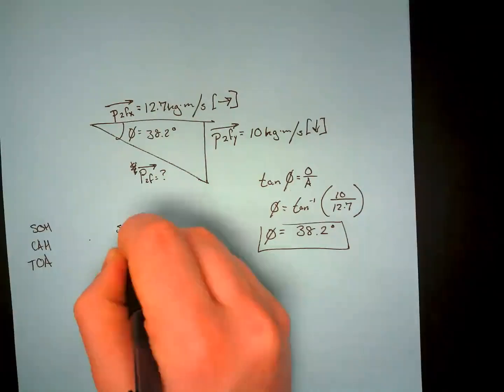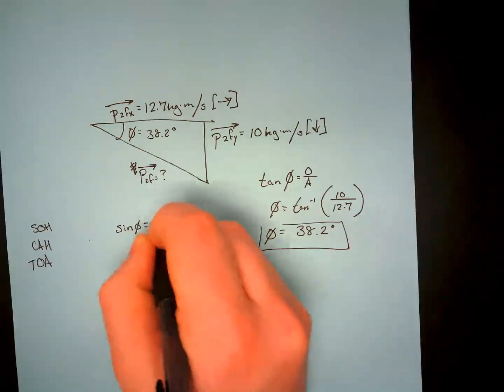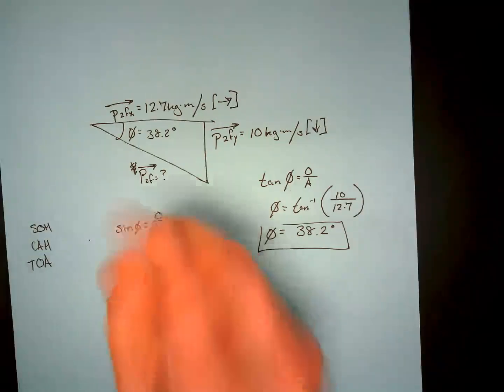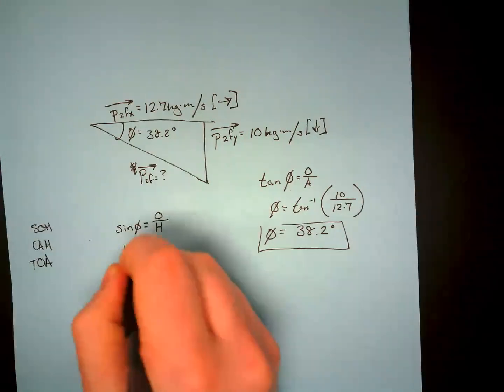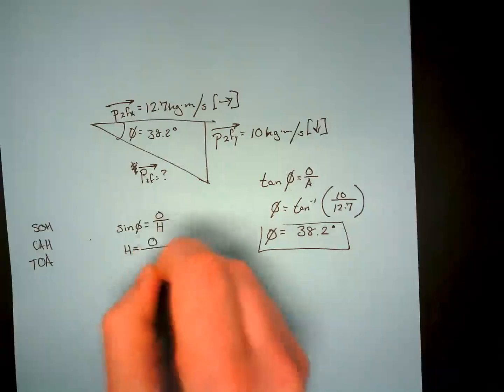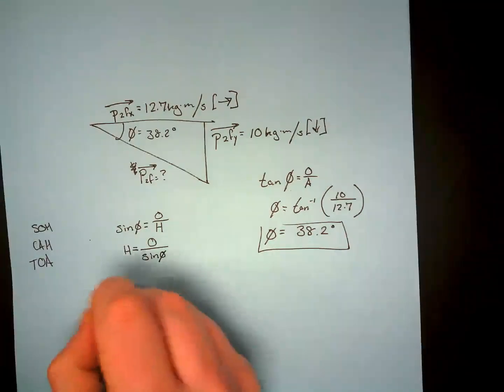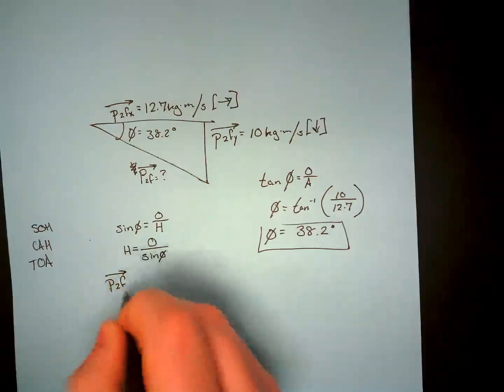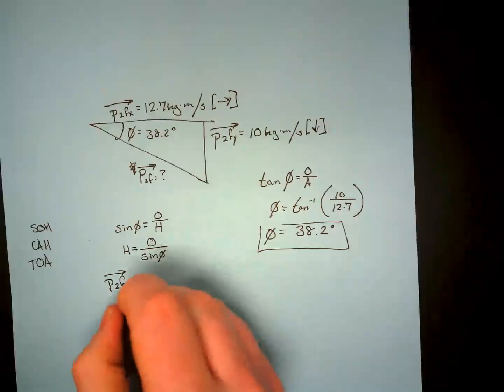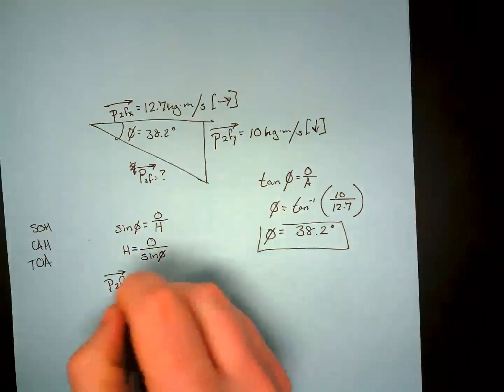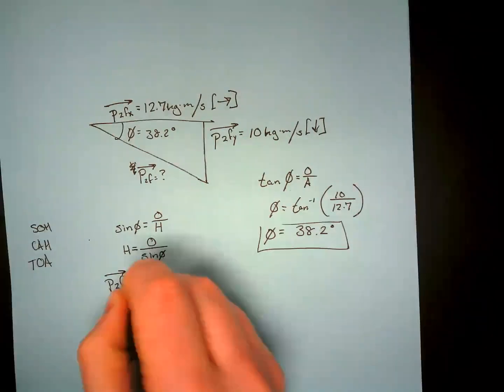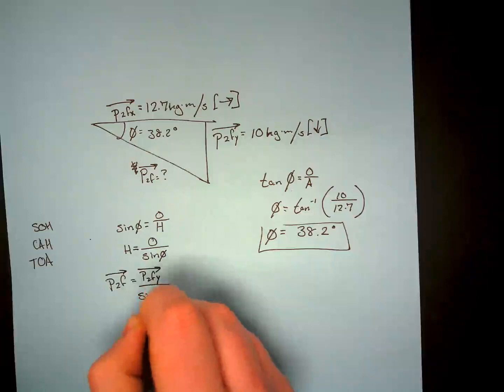Sine of phi is equal to opposite over hypotenuse. I'm trying to find the hypotenuse, so the hypotenuse is equal to opposite over the sine of phi. That turns into the final momentum of our second object, P2F, is equal to P2Fy over the sine of phi.